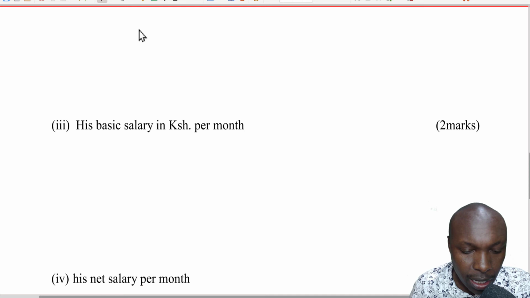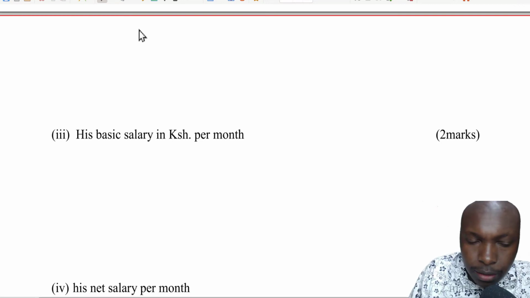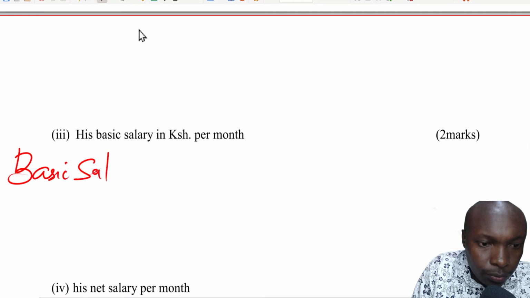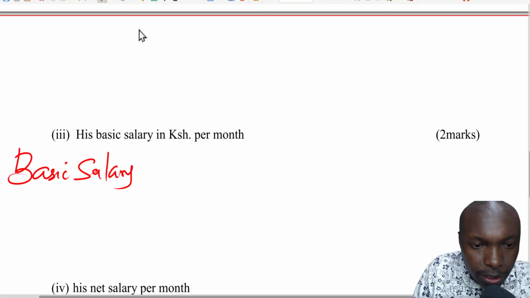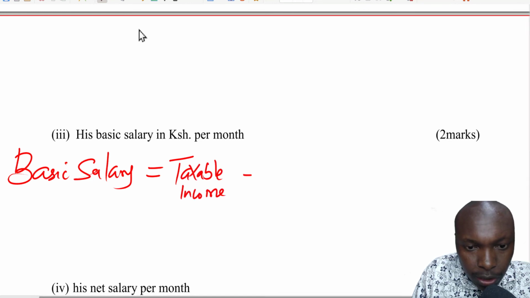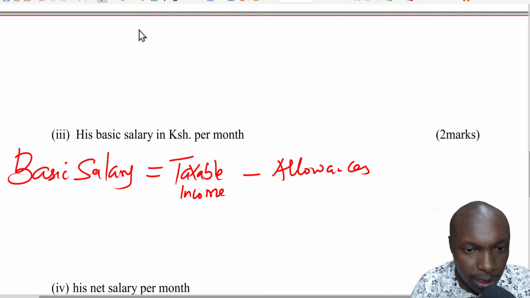Basic salary. How do we get basic salary? That is the most important thing. Basic salary is obtained by taking the taxable income or the gross income, and then you subtract all the allowances. That is when you remain with basic salary.